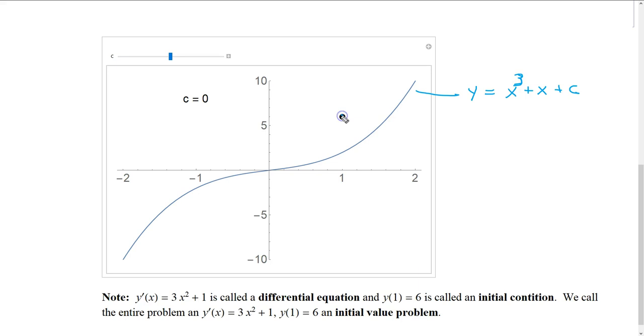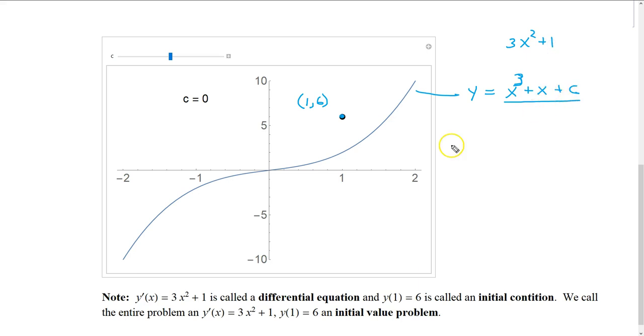And this point right here is the point (1, 6). Notice that all of these functions here are antiderivatives for 3x squared plus 1.